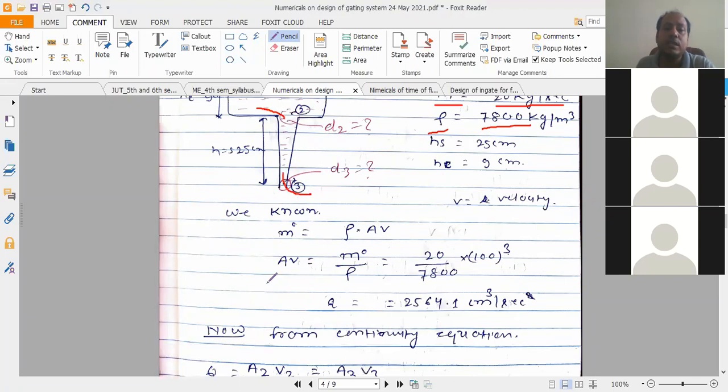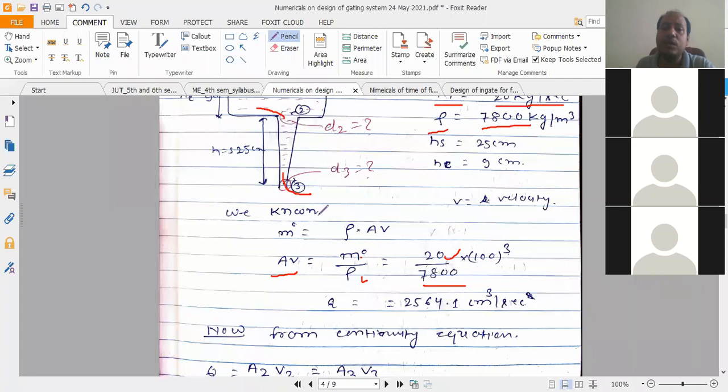So q can be determined by mass flow rate divided by the density. The mass flow rate is given as 20 kg per second, and the density is 7800 kg per meter cube.